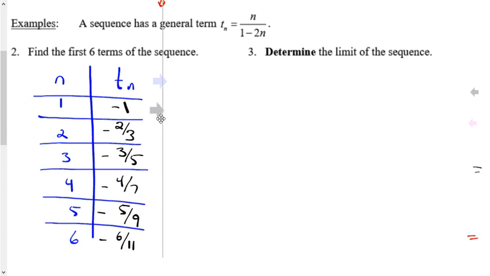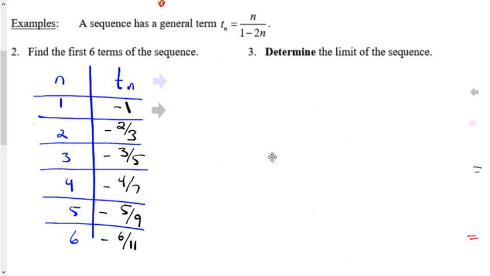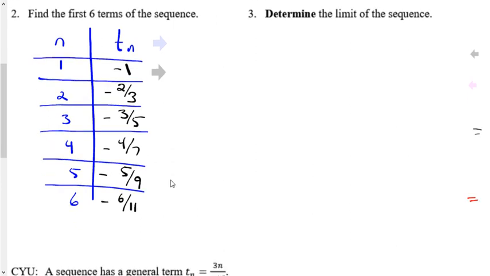There you go. Those are my term values. As we look down this list of term values, what does it look like our term value is approaching? As our n value gets bigger, we only went as far as 6, but what is our term value approaching?